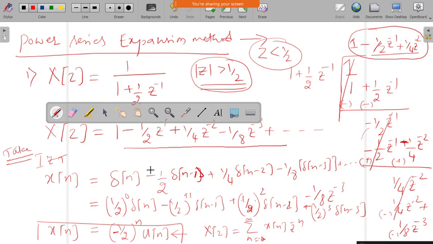So you can practice more problems on this, and this is one of the important problems I'll give. Try to solve this, otherwise I'll solve it in the next class.